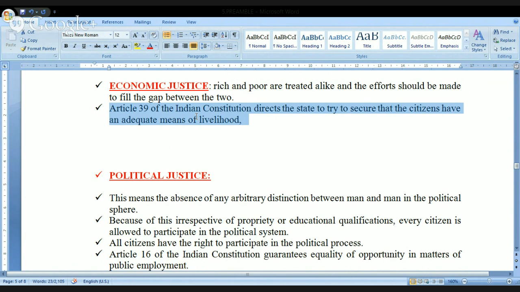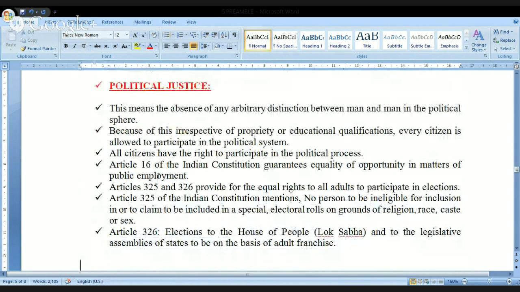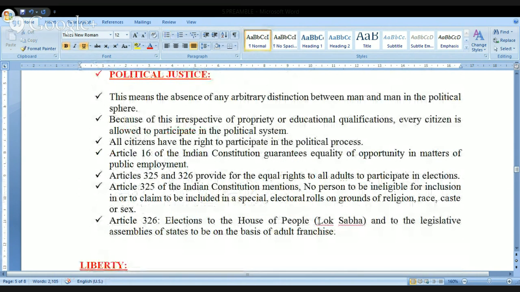Kindly follow the sequence. We have discussed social justice and economic justice. Now I am talking to you regarding political justice. Let's try to understand what exactly is the meaning of this. Now, look at this.